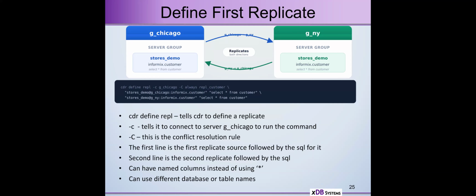I highly recommend naming replicates in a way that is obvious for you. If you're running multiple replicates on the same table, don't call them repl customer 1, repl customer 2, repl customer 3. Define them with something that is clear and obvious. Repl customer New York, repl customer Northeast, repl customer shorts, whatever, or, sorry, there's inventory, repl customer A through F. So, something that is obvious.